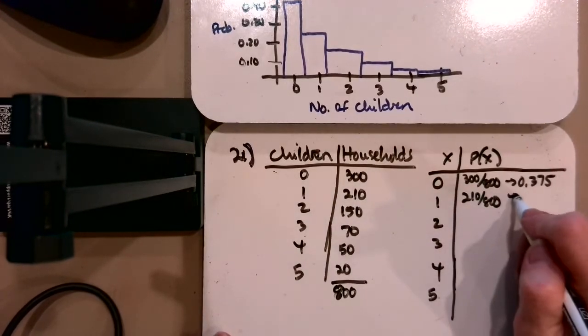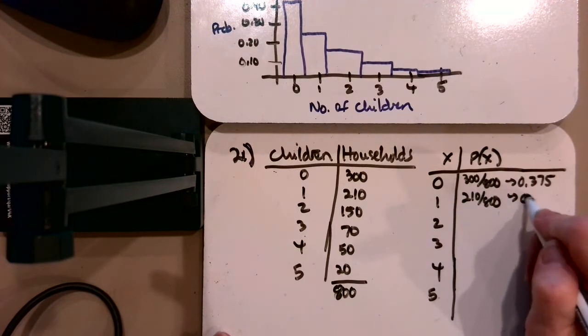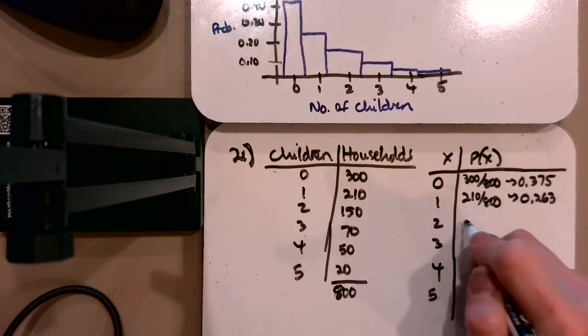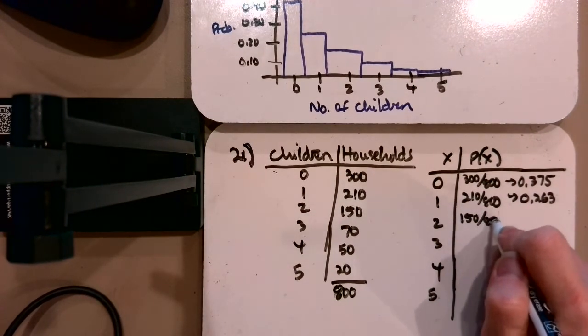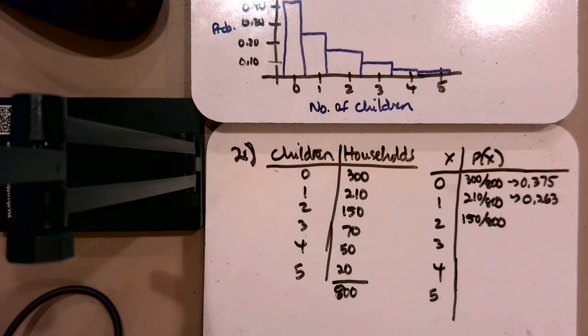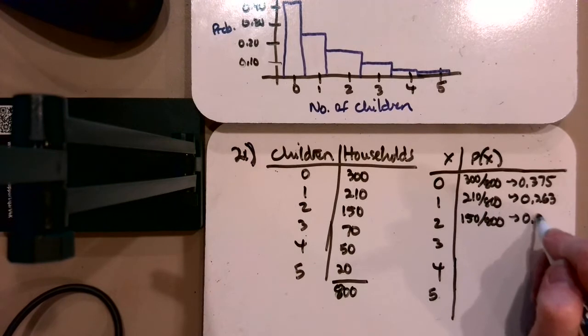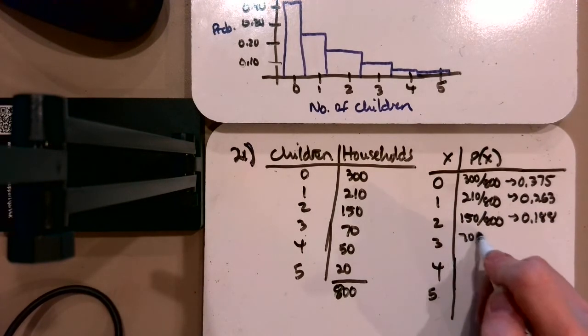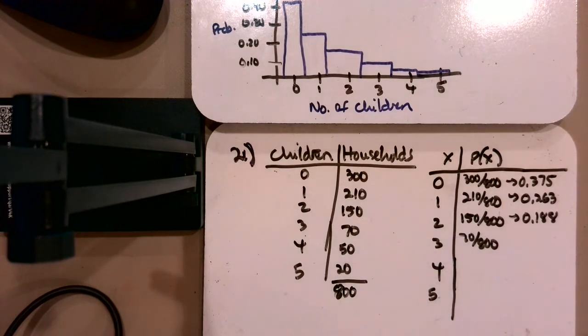So rounding to 3 decimal places, you're going to get 0.263. The probability of 2 children, 150 divided by 800, 0.1875, so about 0.188. Probability of 3 children, 70 over 800.